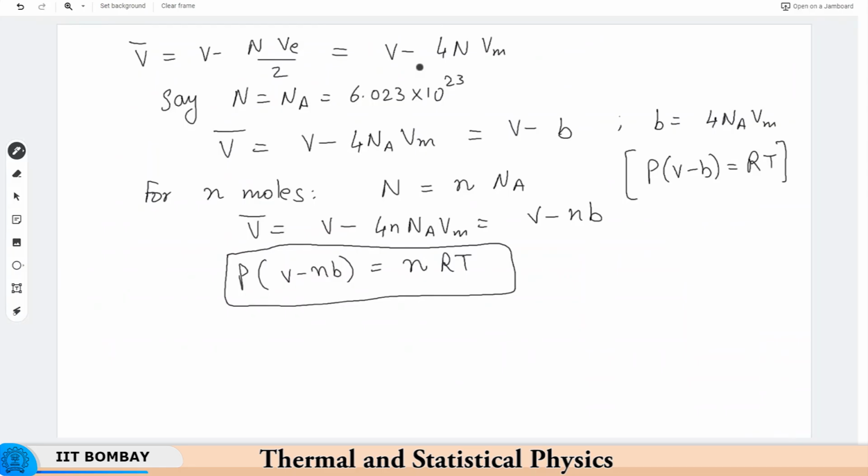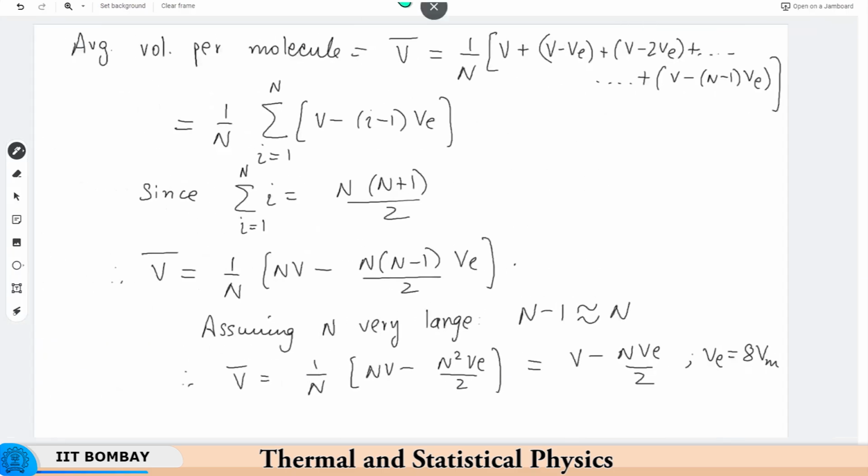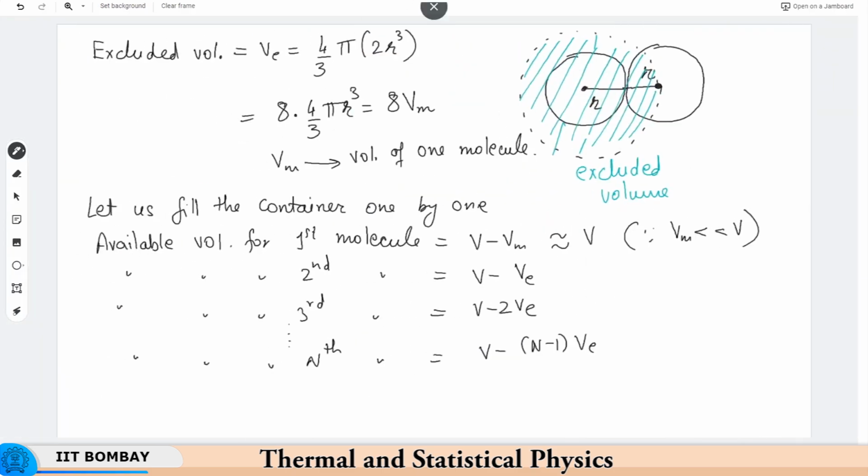For the volume case, the ideal volume was V, but we knew that the real volume is less than V, so we subtracted a correction term. But in this case, we know that the measured pressure in the ideal gas is greater than what it is in reality.